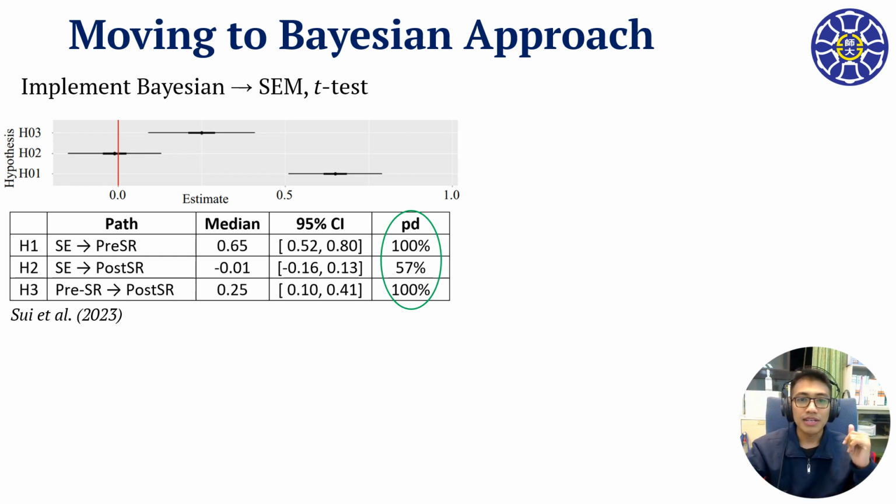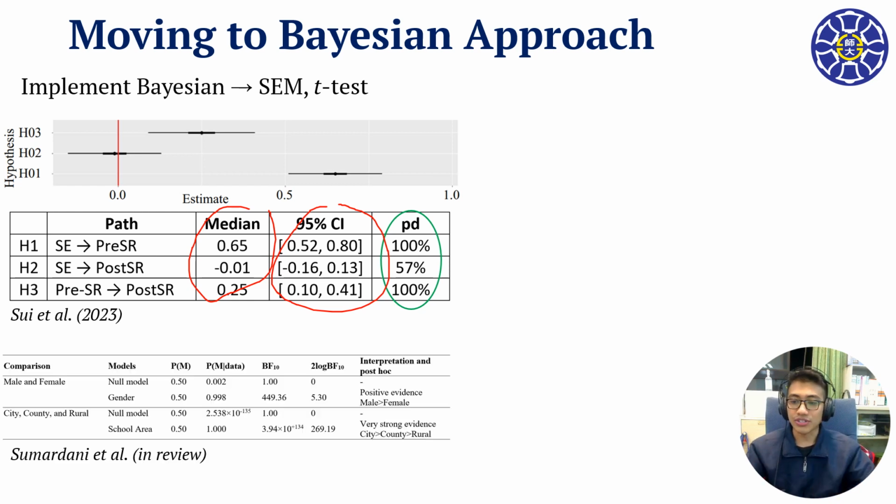For example, from SE to pre-SR, they are 100%, 100% probability of direction. So the direction is clear to which side, whether agree or not. And then they also mention the median here. The median, as I mentioned before, is the amount, how much in the direction it is. And then they also put the 95% credible interval, which is also the amount of the direction.